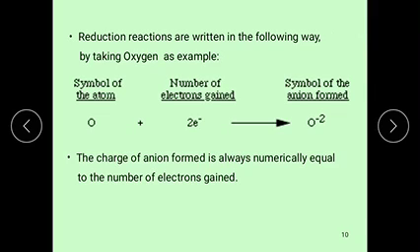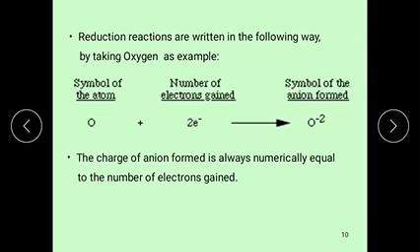The charge of the anion formed is numerically equal to the number of electrons gained, so minus 1 means 1 electron is gained.